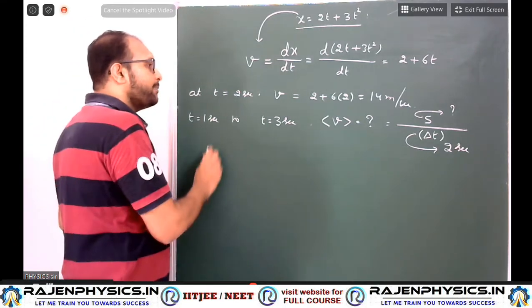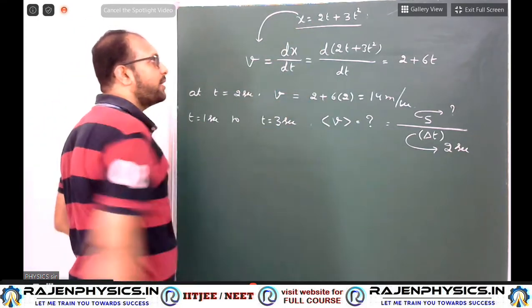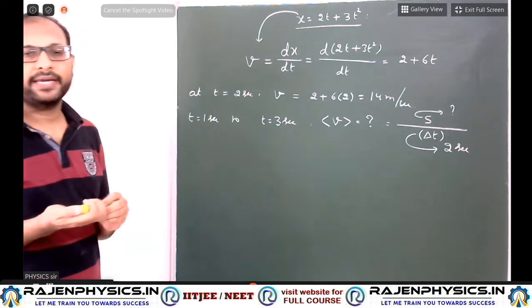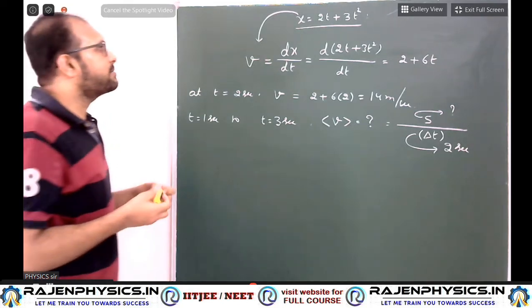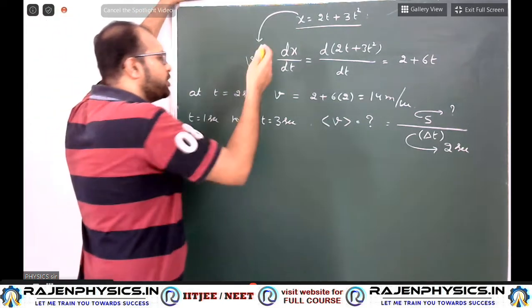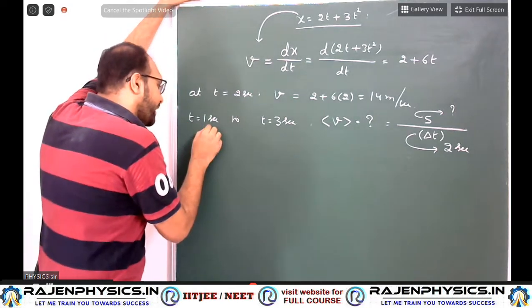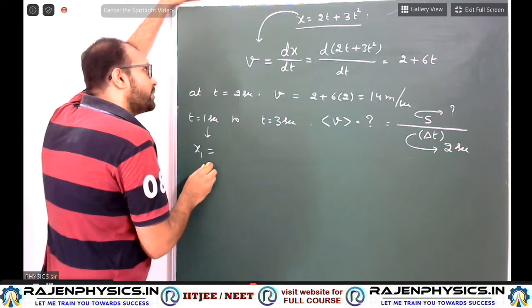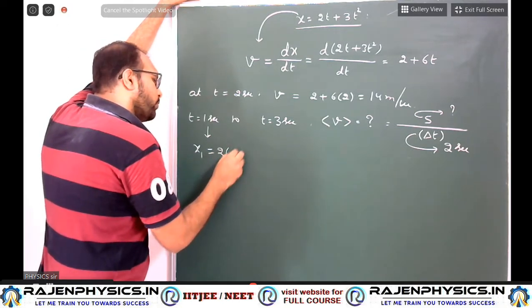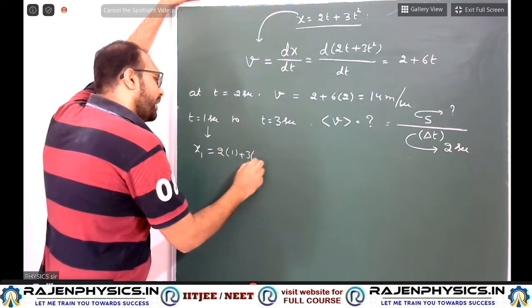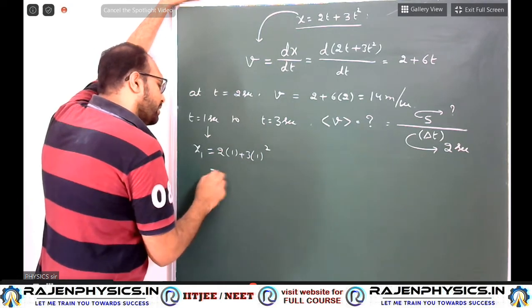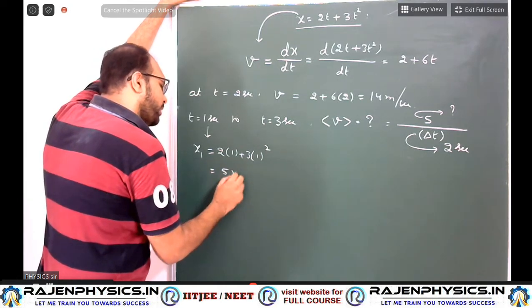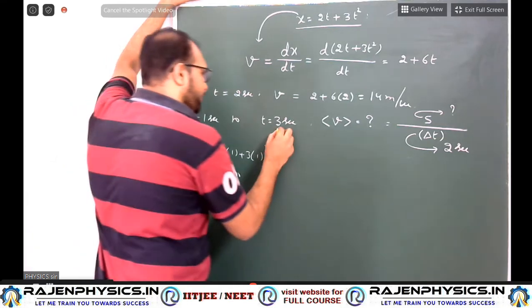The position is already given: x equal to 2t plus 3t square. Therefore at t equal to 1 second, the position x1 equals 2 into 1 plus 3 into 1 square, 3 plus 2, that is 5 meters in SI units.